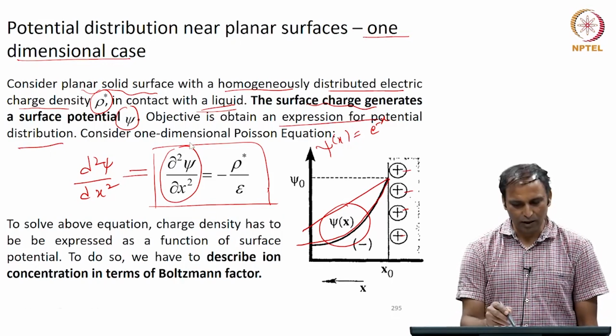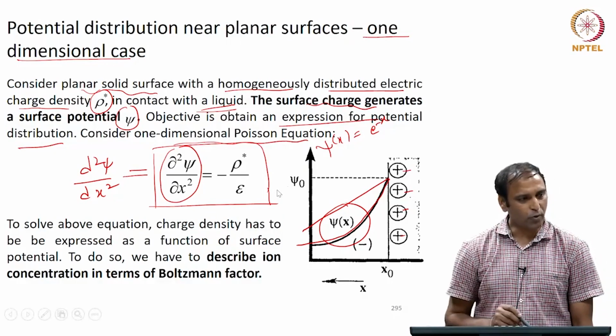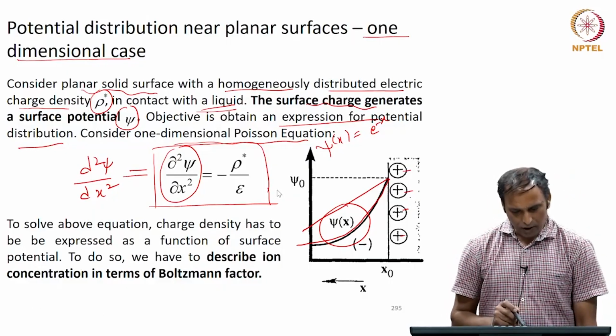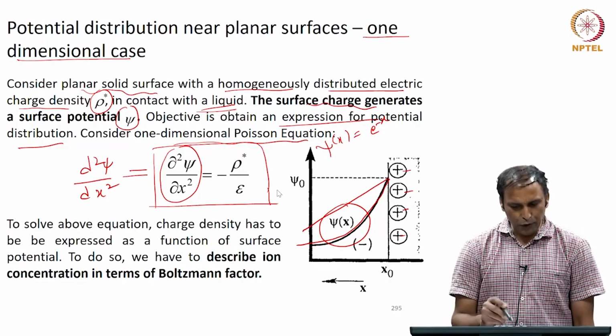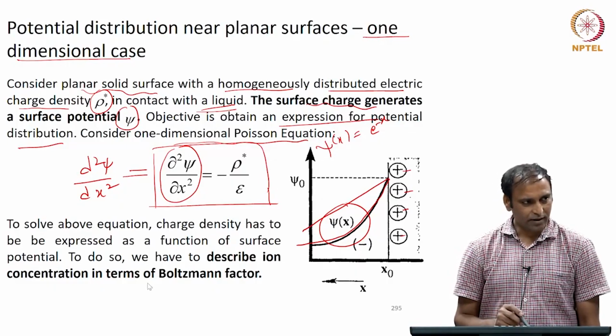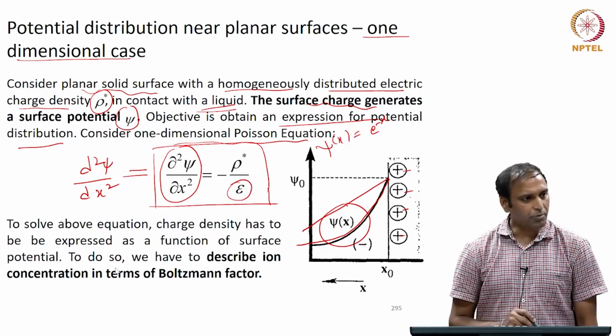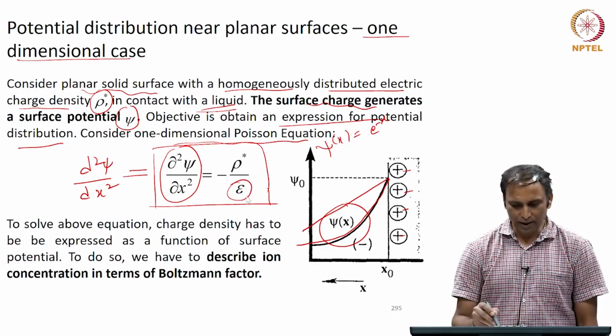So for that we are going to consider a one dimensional Poisson equation. Now, psi is the potential and epsilon is the permittivity.